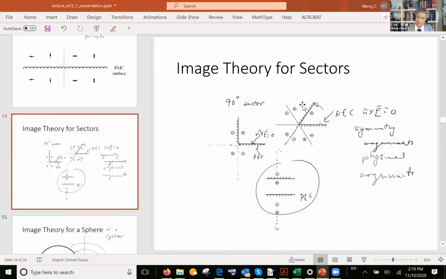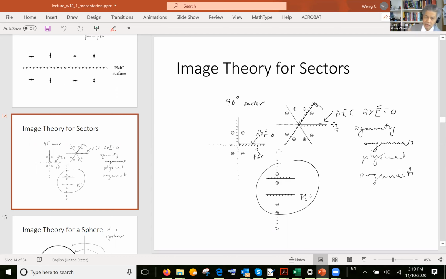And then if I couple this with its images, and then this, all 8 sources together produce zero tangential electric field on this surface, and hence I can insert this PEC surface without violating the boundary condition.